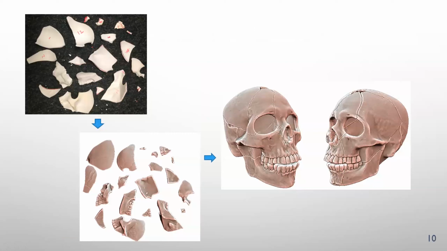So in our platform, we first 3D scan the fragments into digital models. And then we have our computers do the reassembly for us. Okay, but the challenge here is how do we teach computers to reassemble these fragments automatically?